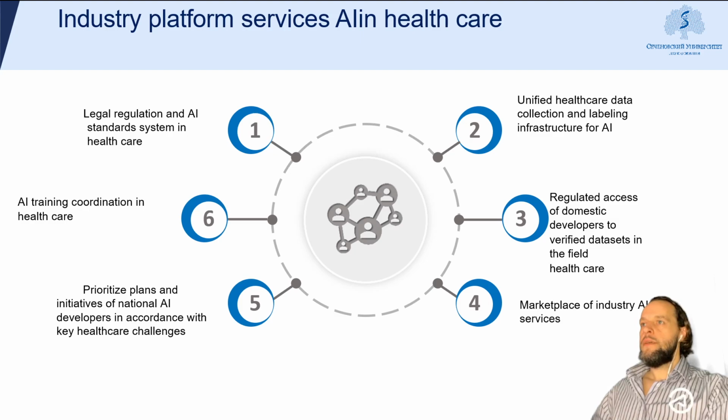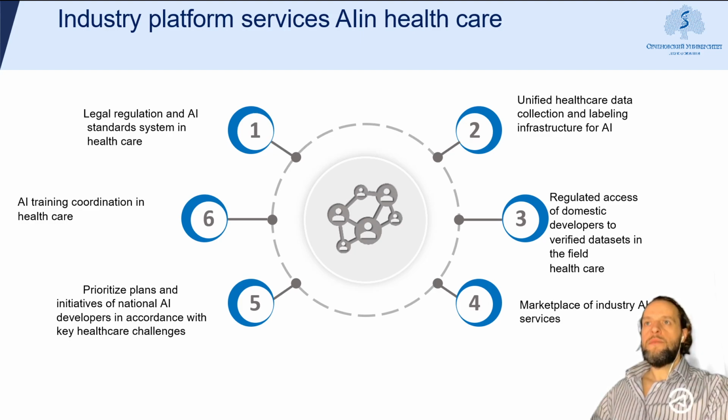What should be done so these technologies will be possible to implement? Of course, it will require legal regulations and standardizations, and currently there is a huge amount of work under way developing standards for artificial intelligence technologies in healthcare.